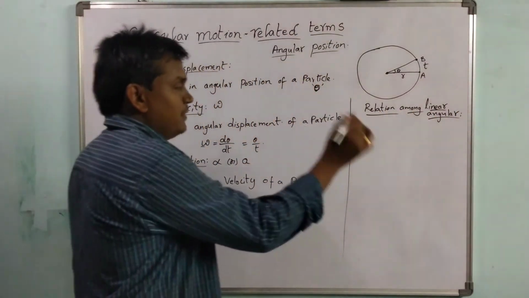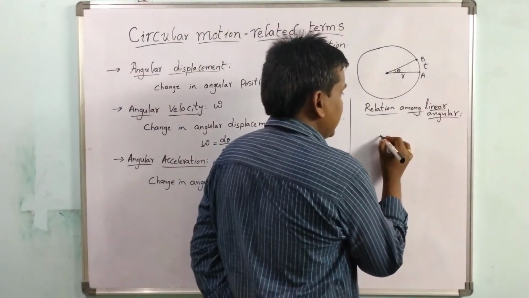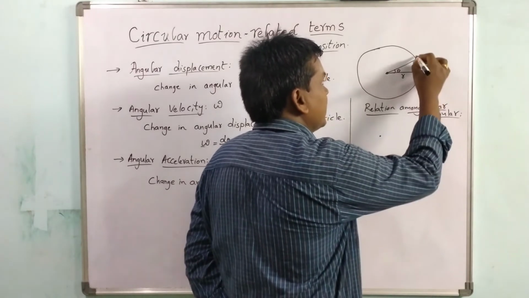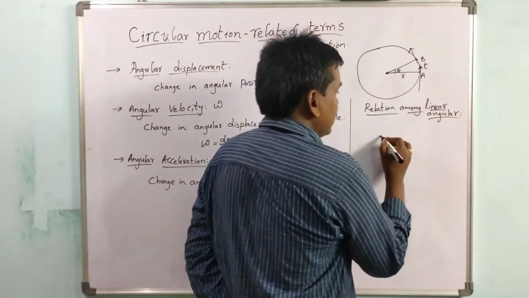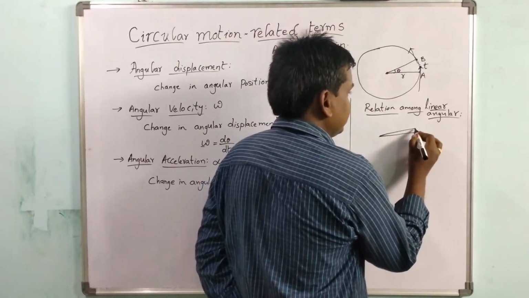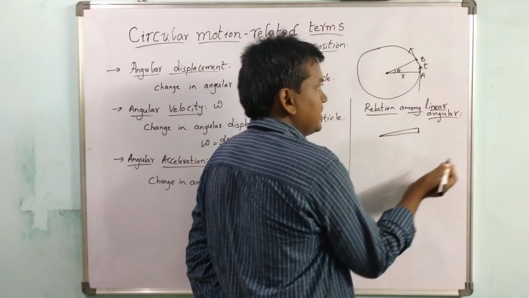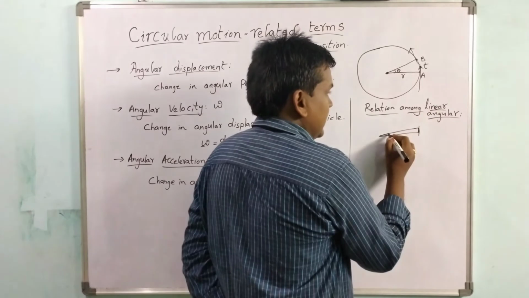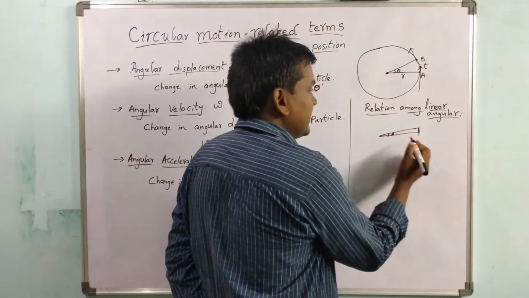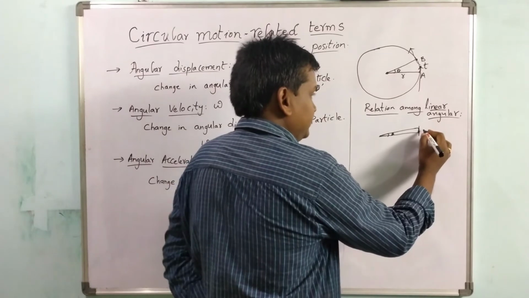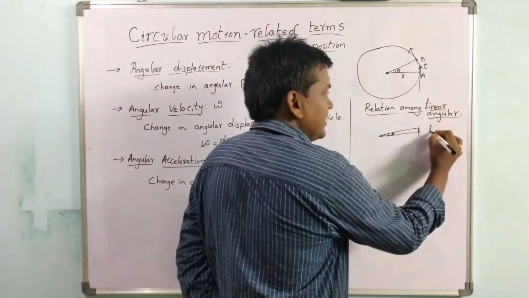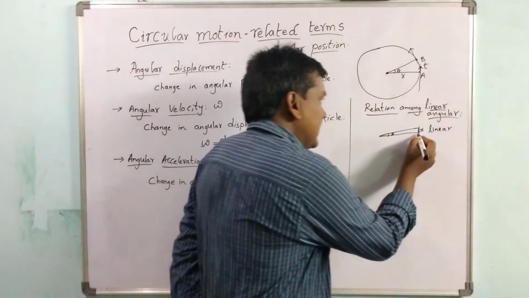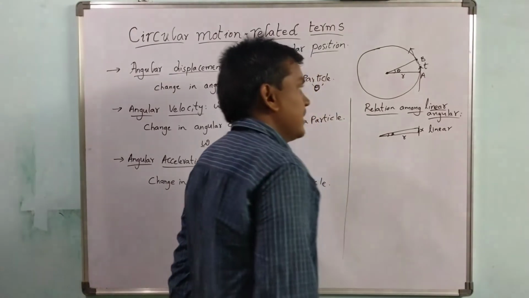Here a particle is moving from A to B, and the direction of the particle is changing. But if I consider a very small distance, the particle is moving straight, even though it is making some angle theta. Here it is making some linear displacement x, and this is the radius of the circle r.